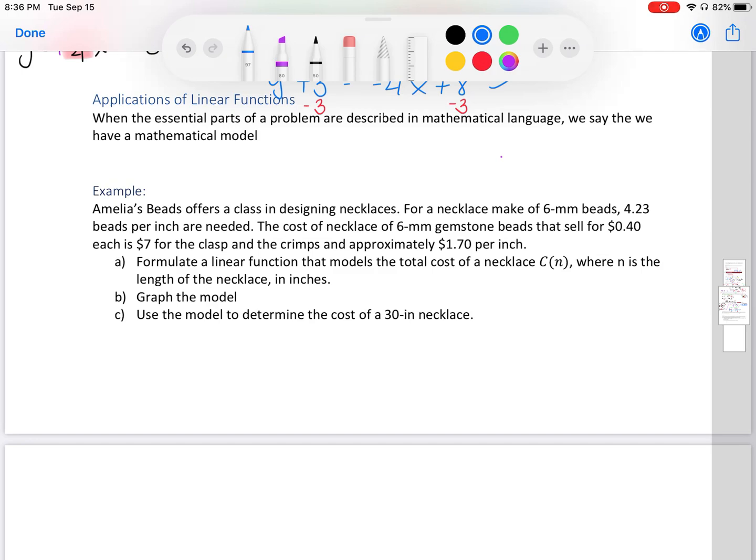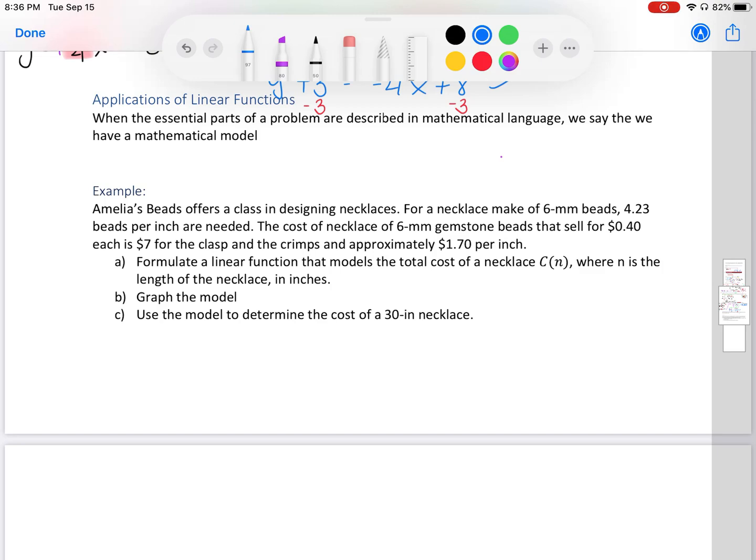Amelia's Beads offers a class in designing necklaces. For a necklace made of 6 millimeter beads, 4.23 beads per inch are needed.